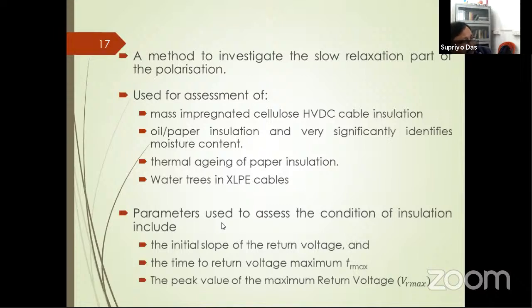Now, what are the parameters that can assess the condition of insulation? Already we said: the initial slope of the return voltage, the time to reach the maximum return voltage, and the maximum or peak value of the return voltage. These three are the basic parameters through which we can assess the insulation.